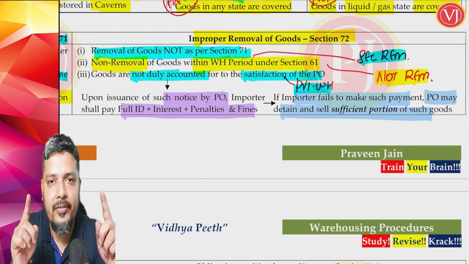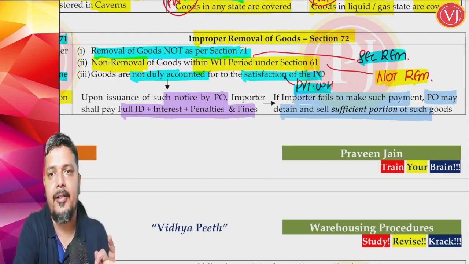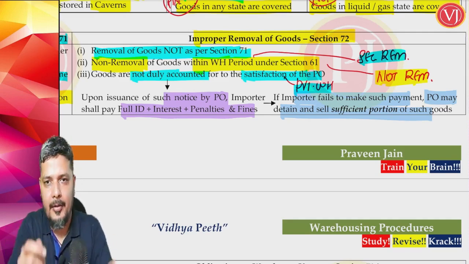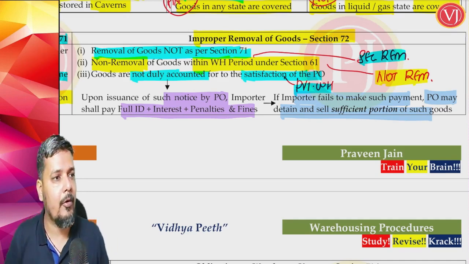In case of these 3 improper removals, proper officer will tell that, see, either improper removal means removed but not as per section 71, or not at all removed within warehousing period, or not properly accounted. Improperly removed. I am giving you notice, please come and pay import duty with interest and penalty. If you are coming and paying, no problem.